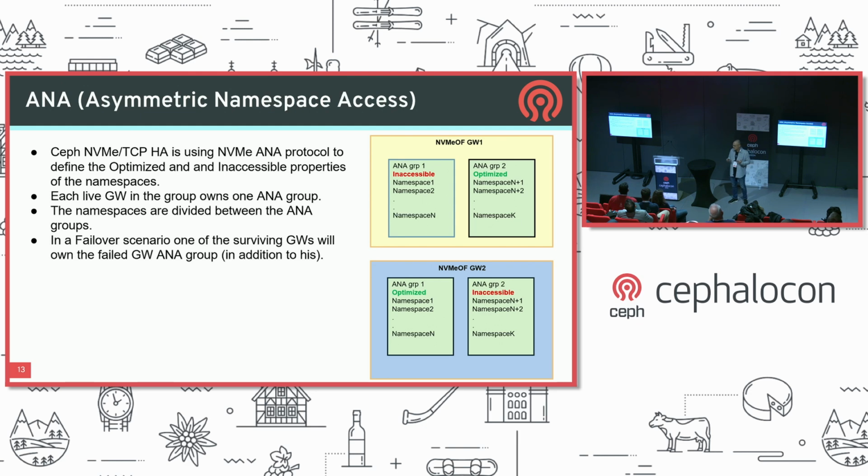And then, in the case of a failover, we give the responsibility of the ANA group that belonged to the failed gateway to one of the surviving gateways. And this is, in very short, how we achieve high availability. Obviously, when we are doing this switch, we are also using blocklisting and other means to prevent any chance of getting the IOs from 2 different paths at the same time.